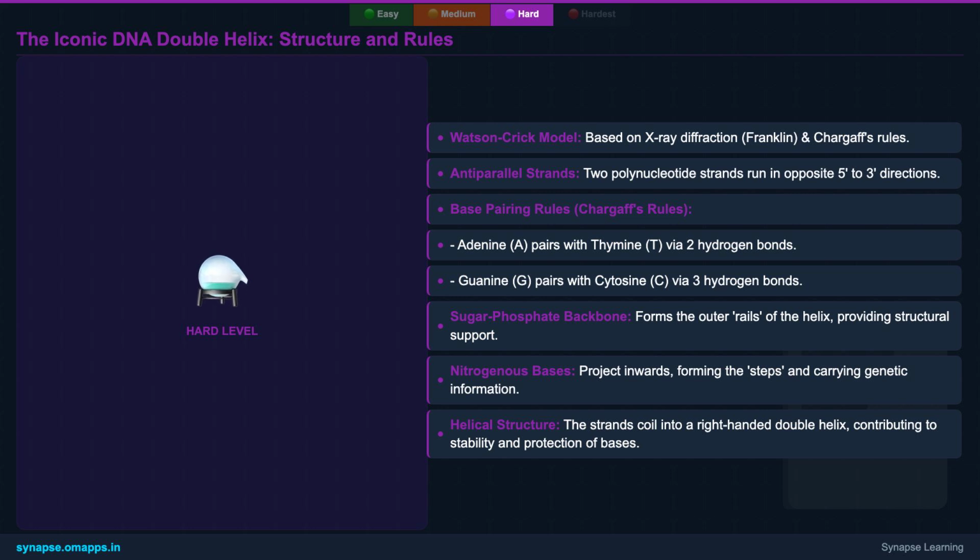This is known as Chargaff's rules. These base pairs form the rungs of the ladder, while the sugar-phosphate backbone forms the rails, all coiled into a stable right-handed helix. This specific structure is absolutely critical for DNA's function in storing and transmitting genetic information accurately.